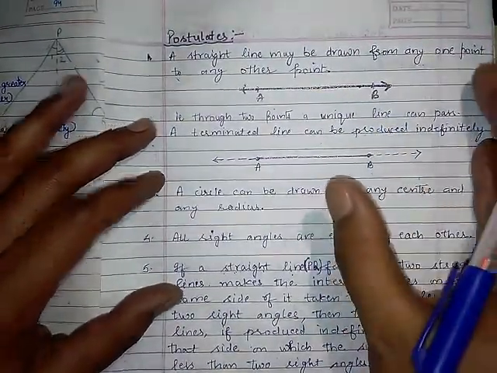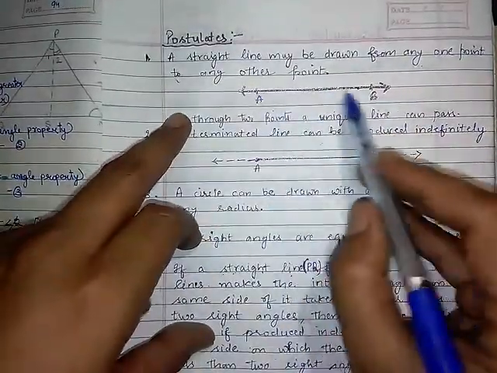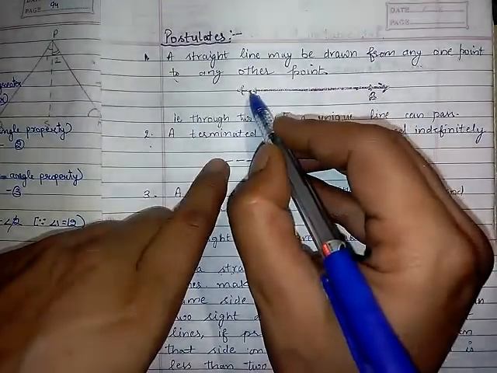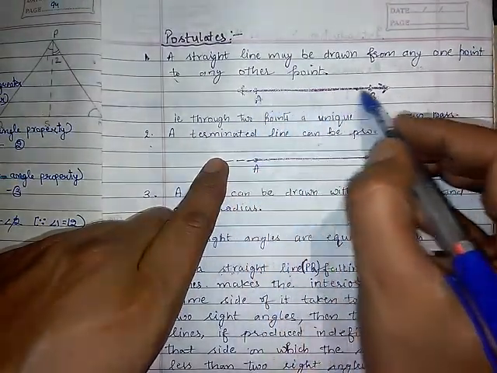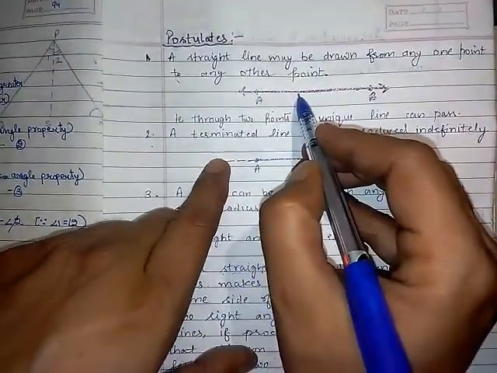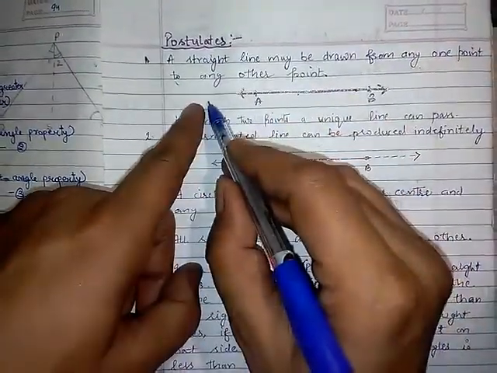What is the other meaning of that? That through two given points only a single line can pass. Okay, if you again try to draw one more line through A and B, you will again get the same line, right? So that is the meaning of the first postulate.